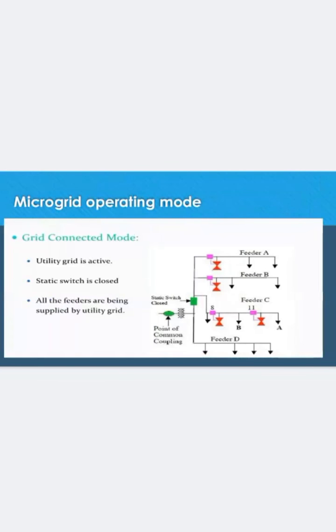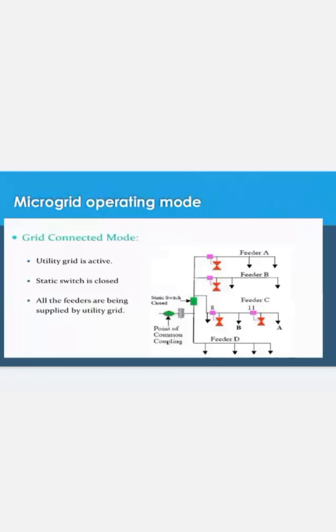Next, microgrid operates in two types of operating modes. First is grid connected mode and second is island mode. In grid connected mode, feeders A, B, C are being supplied by the utility grid while closing the static switch.